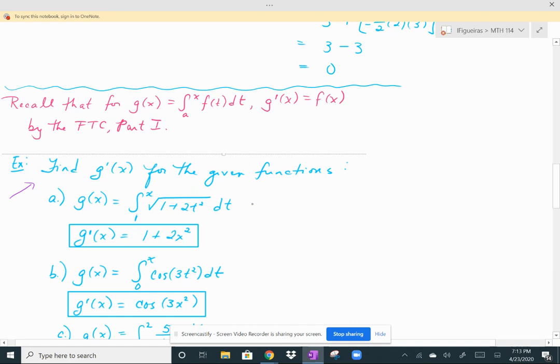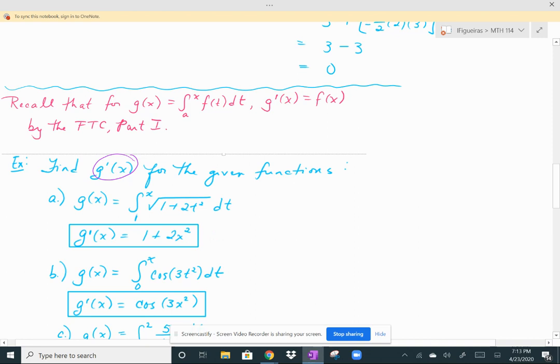So I have g of x equal to the integral from 1 to x of the square root of 1 plus 2t squared dt. Now here, you're not taking an antiderivative. We're not integrating. We are finding a derivative of an integral. So g prime of x is just the integrand with the t replaced with x.